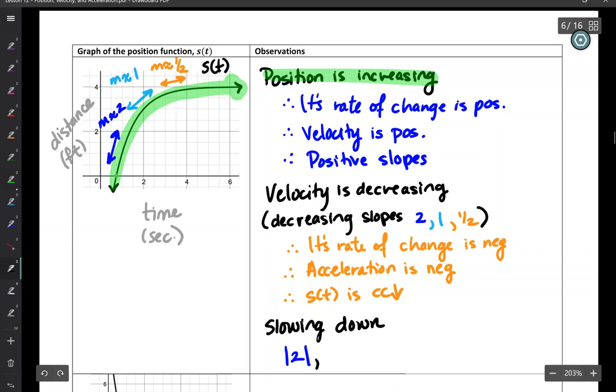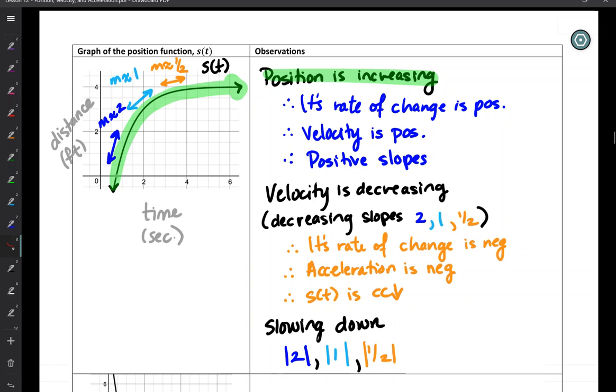Absolute value of 2, absolute value of 1, absolute value of a half. Right? These are decreasing numbers.